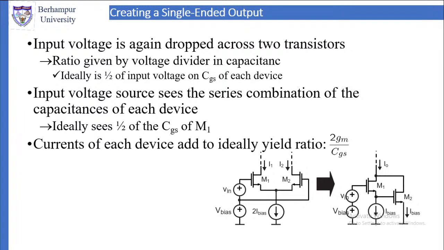For M2 there is I bias, which is coming from M1. I bias will be the same for M1 and M2. Then I0 is coming to M1, and M1 is connected to M2 not in difference mode. You can see now it is not connected in difference mode.